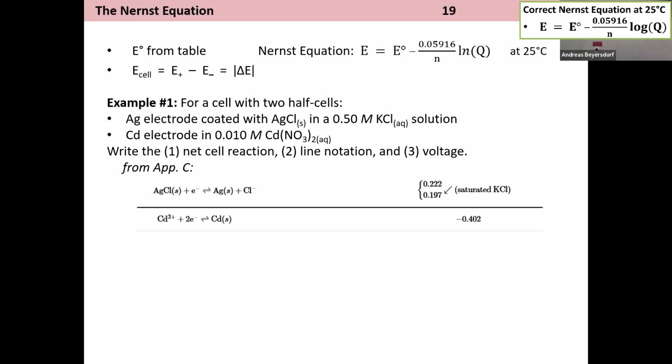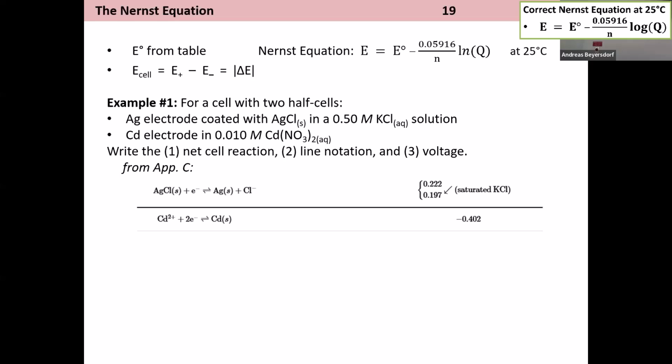All right, so we have at our anode, we have cadmium going to cadmium 2+, right? And we're told that its E naught is equal to negative 0.402. And at the cathode, we have AgCl going to form Ag plus Cl minus.